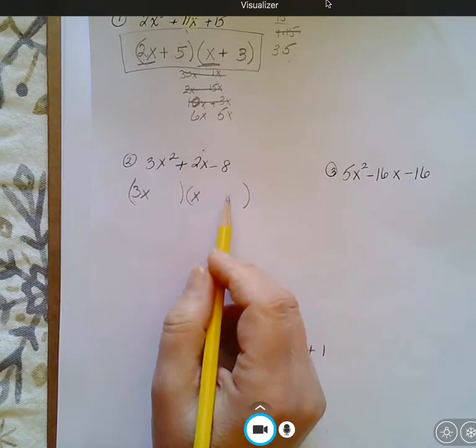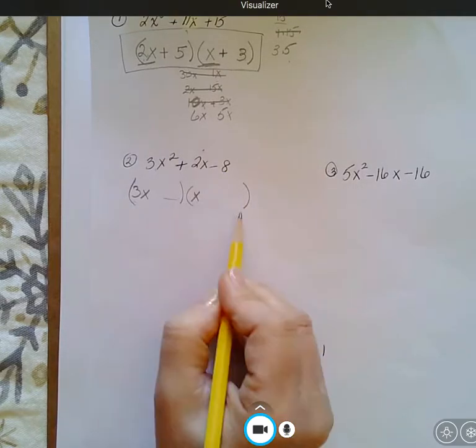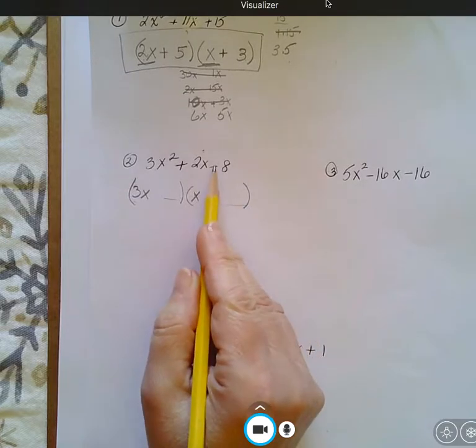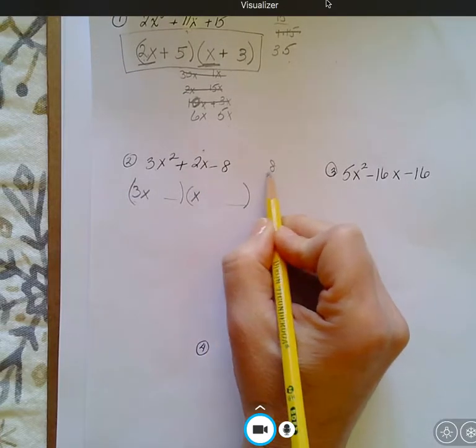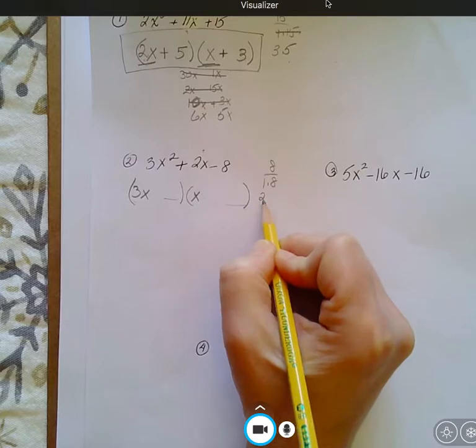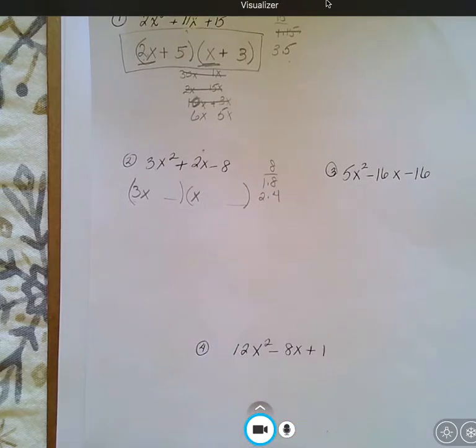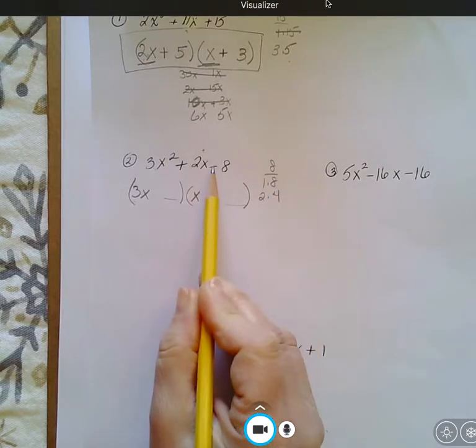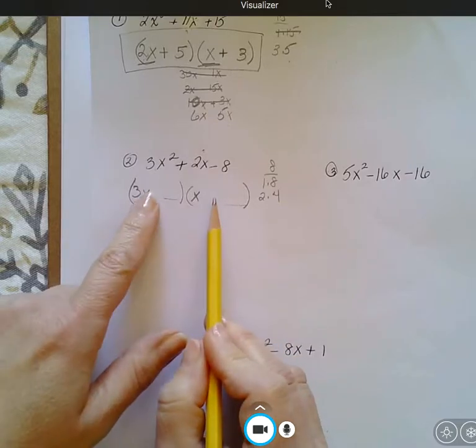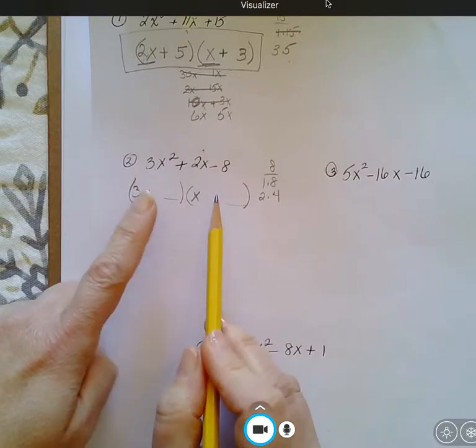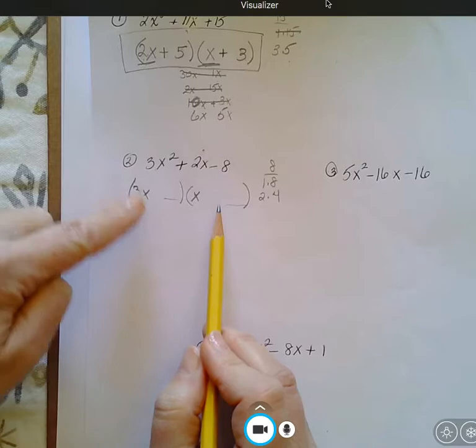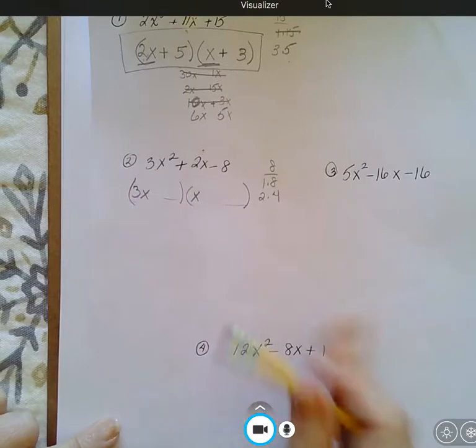Okay, so now we want to multiply these two numbers and get a negative 8. Well, let's see. 8 is going to be 1 times 8 or 2 times 4. And I'm multiplying to get a negative, so one of these is positive and one is negative, and I don't know which. It matters because now our first term is different.